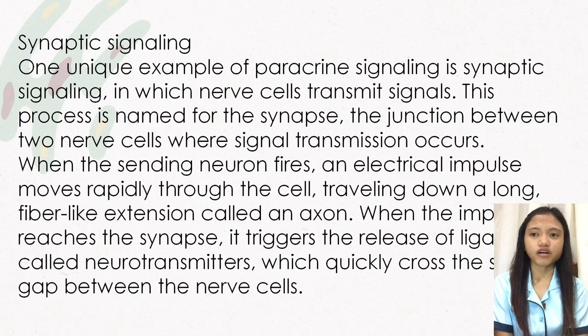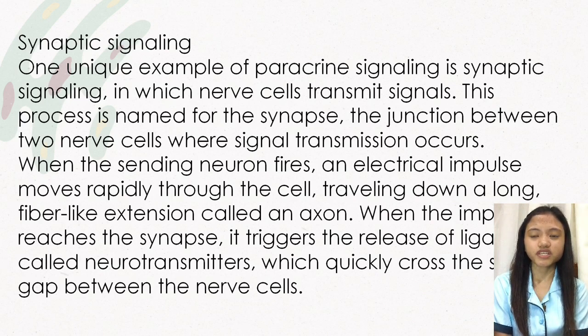An example of paracrine signaling is what we call synaptic signaling, in which the nerve cells transmit signals. This process is named for the synapse, the junction between two nerve cells where signal transmission occurs. When the sending neuron fires, an electrical impulse moves rapidly through the cell, traveling down a long fiber-like extension called an axon.